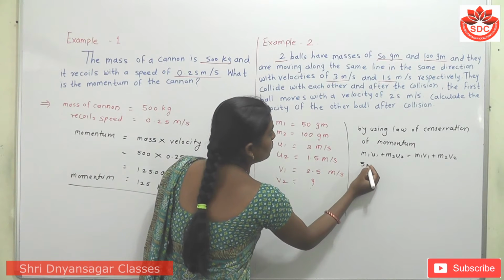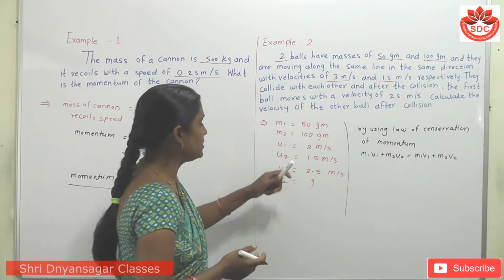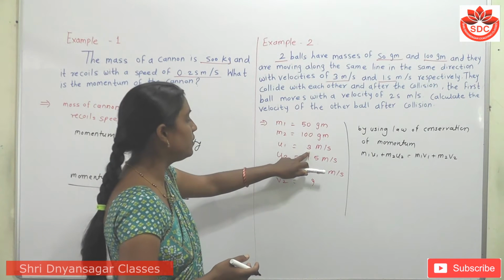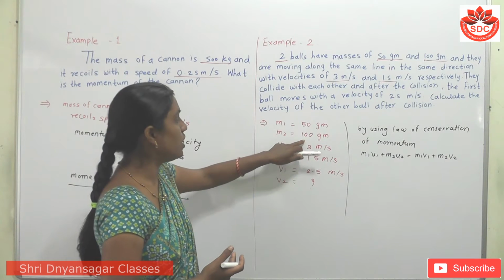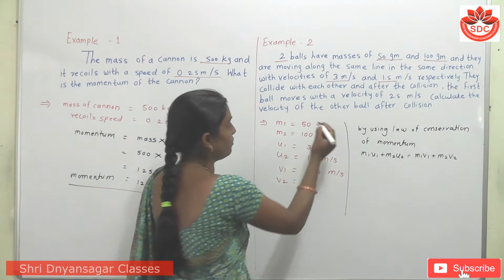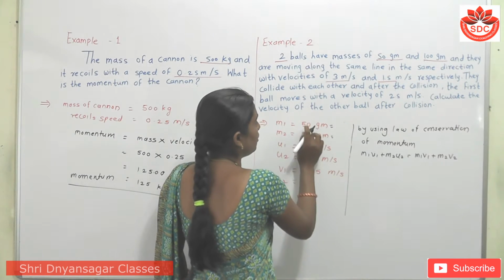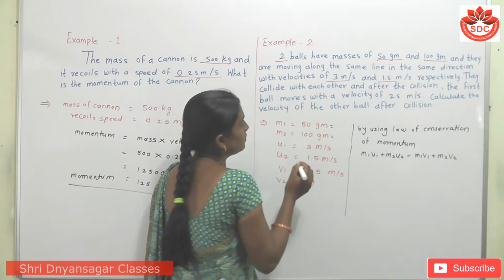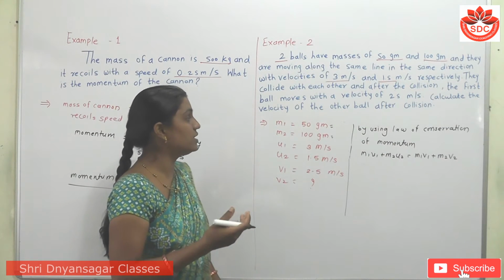M1 is equal to 50 gram. We have to convert this, because velocity is in the standard SI form, so we also write mass in standard form. You know that 1000 gram is equal to 1 kg.